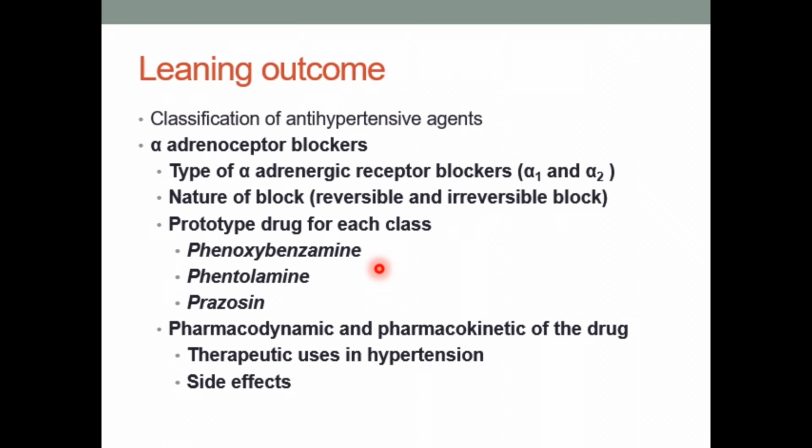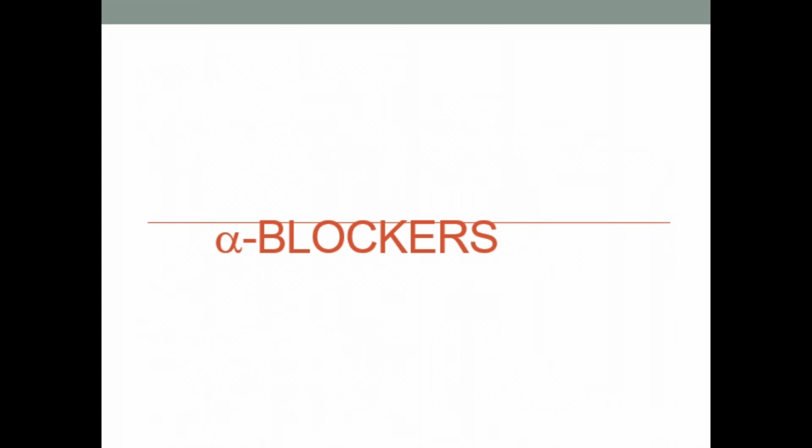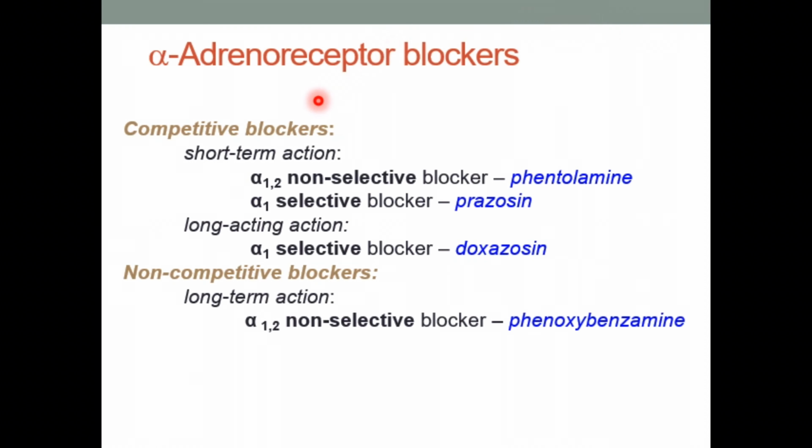Okay, back to the learning outcome. So next few slides, I will cover the alpha blockers and the beta blockers. So let's first start with the alpha blockers. We already know what is alpha 1 and alpha 2 receptor. So what are the drugs that can block these receptors?